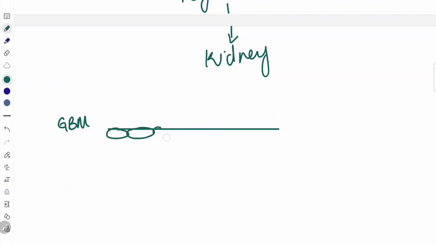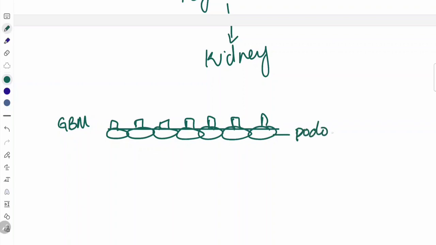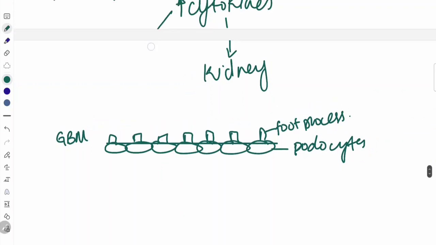These podocytes have something called foot processes. These globular structures are the podocytes, and above the podocytes are the foot processes that make up the glomerular basement membrane. So these cytokines are going to come and damage these foot processes.